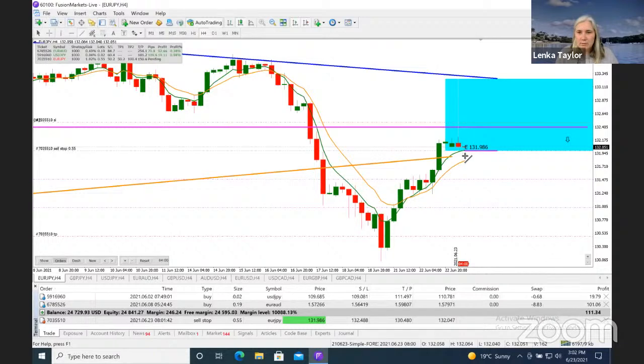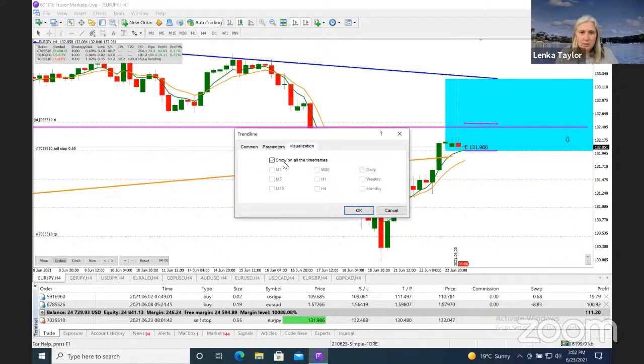And stop loss, the stop loss is going to be here-ish. So stop loss 132.488.